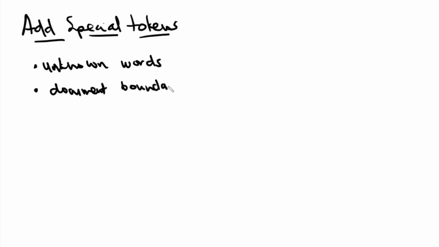Those are the two special tokens we are going to add right now, but we'll discuss other types. So for unknown words, we are going to create this token, which just means unknown. And for document boundaries, we are going to create an end of text token.